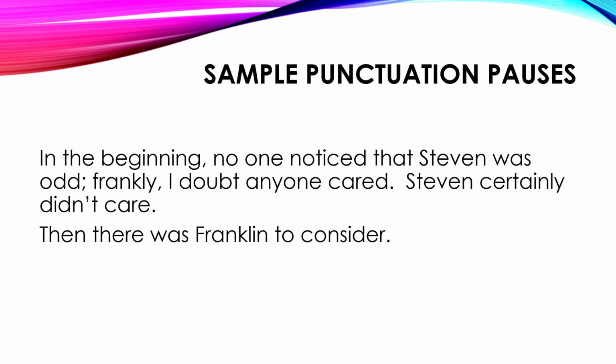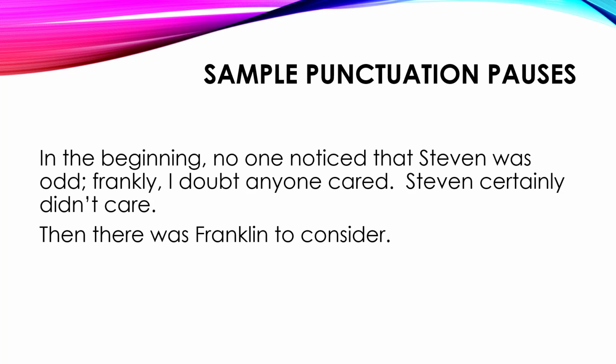Now let's take a look at how these pauses sound with this simple sample of punctuation pauses. In the beginning, comma, now there's a comma there, so there's going to be a pause. So listen to this. In the beginning, no one noticed that Steve was odd. Here's a semicolon. That's going to be even longer. So it goes, in the beginning, no one noticed that Steve was odd. Frankly, I doubt anyone cared.